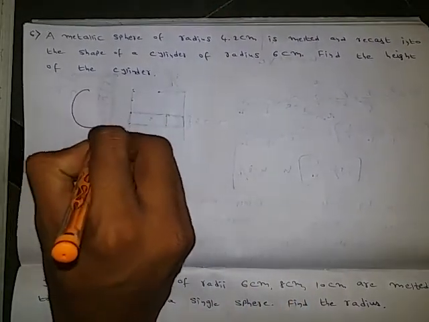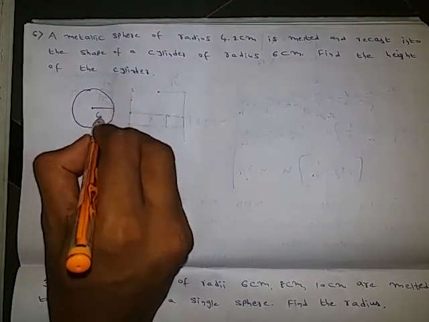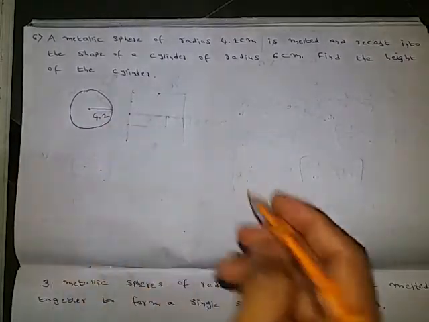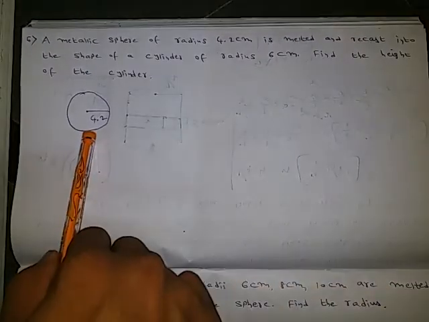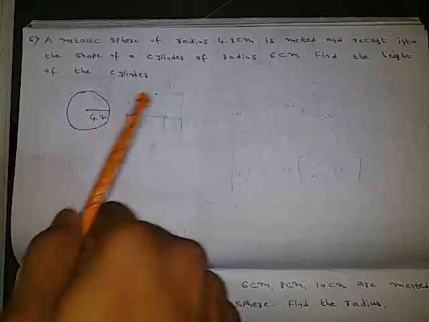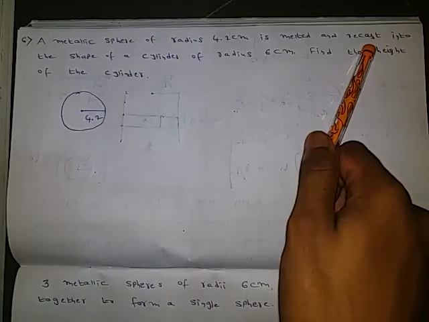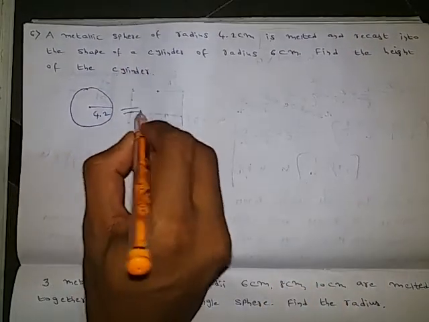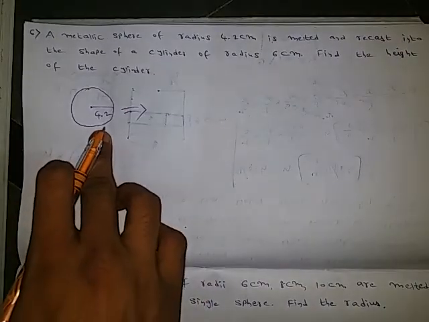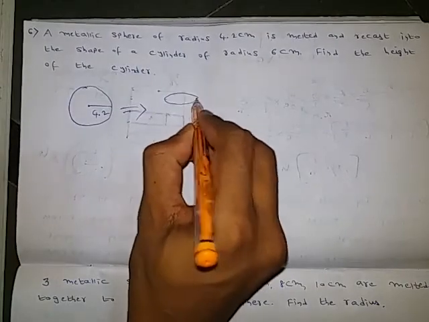We have one sphere whose radius is given as 4.2 centimeter, which is melted. Now we are melting this sphere, so we will get some liquefied iron, and that is recast into the shape of a cylinder. This sphere we are melting, and that again we are recasting into a cylinder.